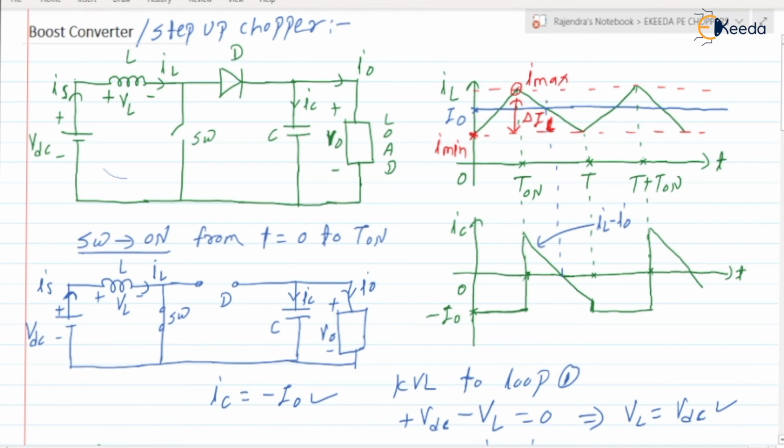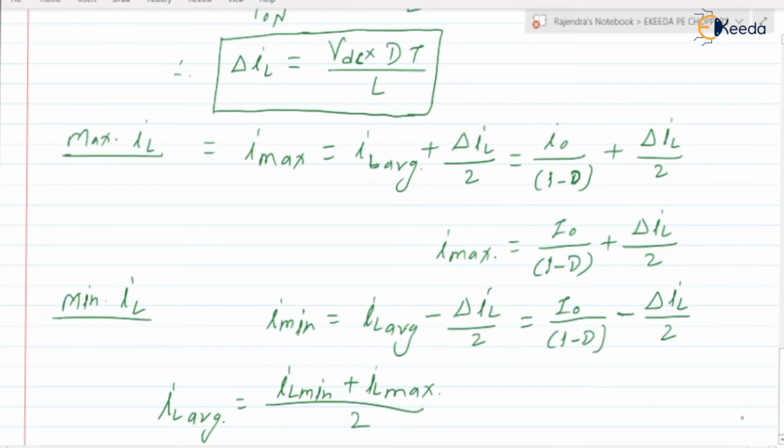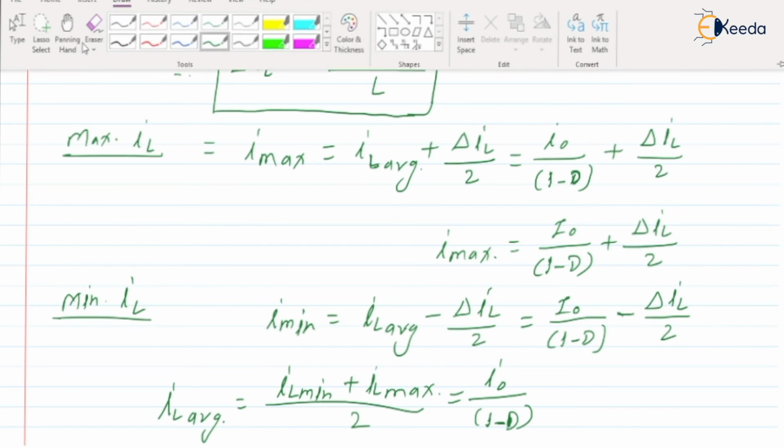So that's why it is Imax plus Imin divided by 2, which is equal to I0 upon 1 minus d. So this is about IL average.